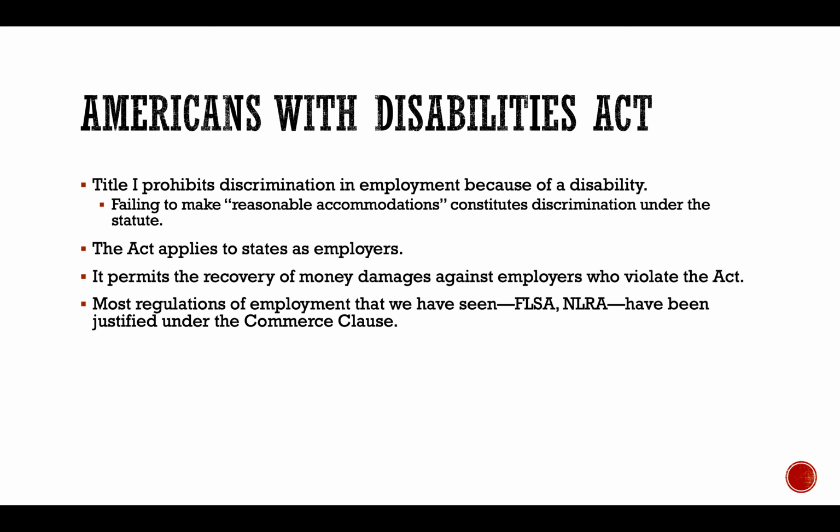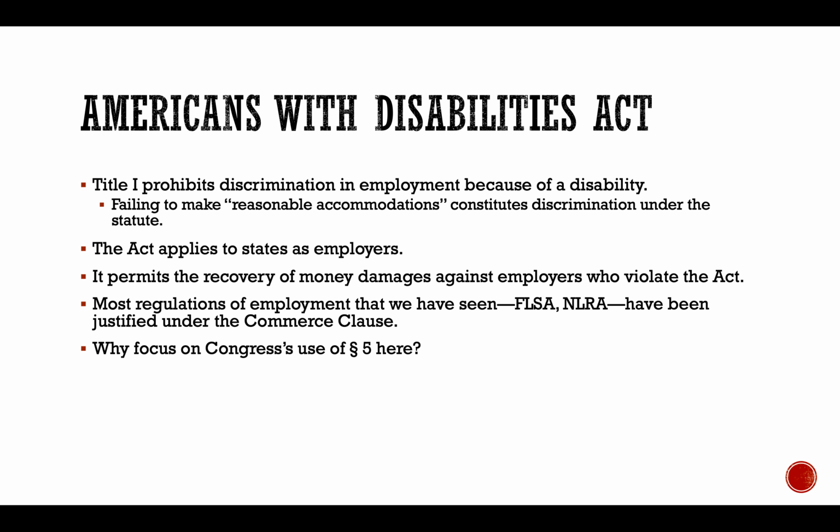So why focus then on Section 5 of the 14th Amendment? Why not do something like the Heart of Atlanta Motel case or the Katzenbach versus McClung case and focus on the easier of the two powers under which to sustain the law?